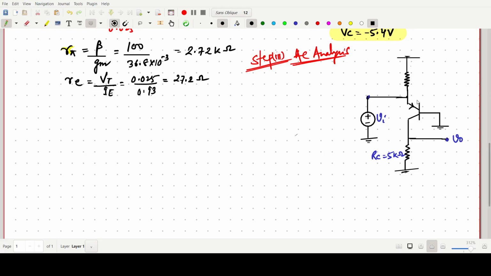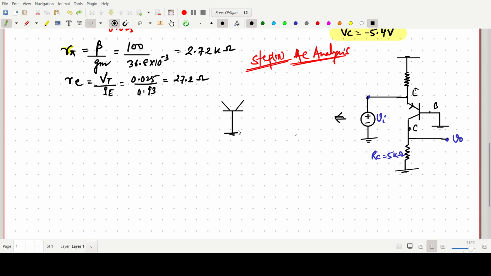This one is the emitter, base, collector. So this one is basically a common base configuration. For easy understanding, I am just going to redraw the same circuit like this. Common base configuration.